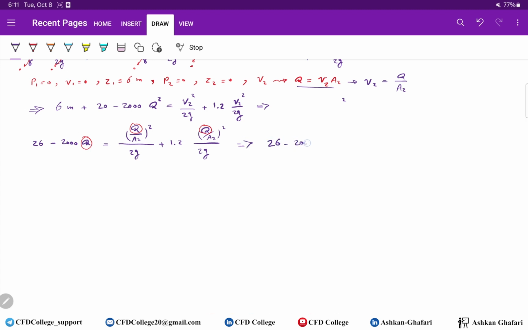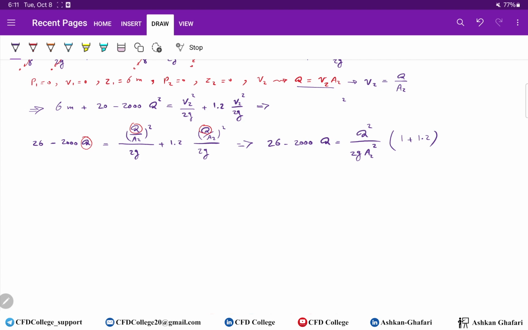26 minus 2000 Q square equals Q square over 2G A2 square, let me factor this out, times 1 plus 1.2.